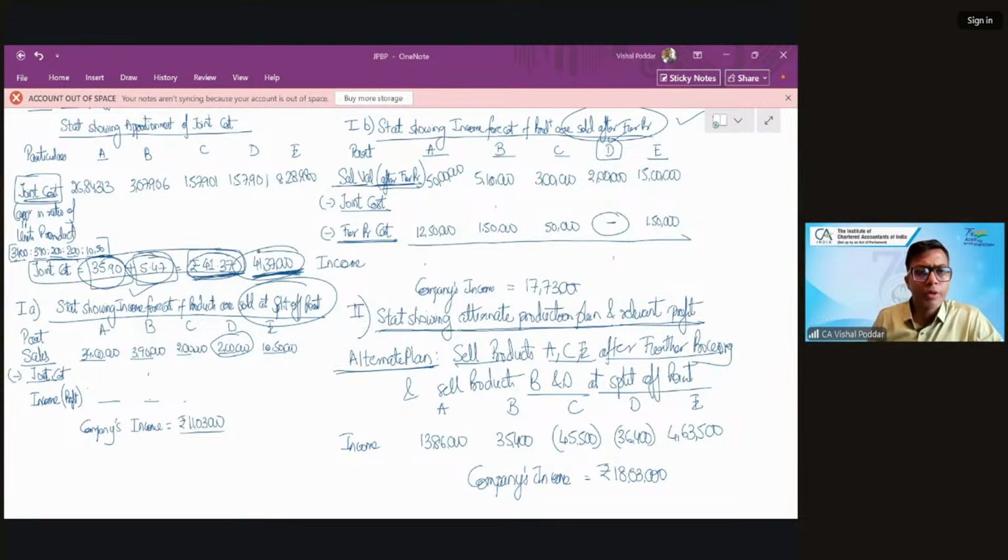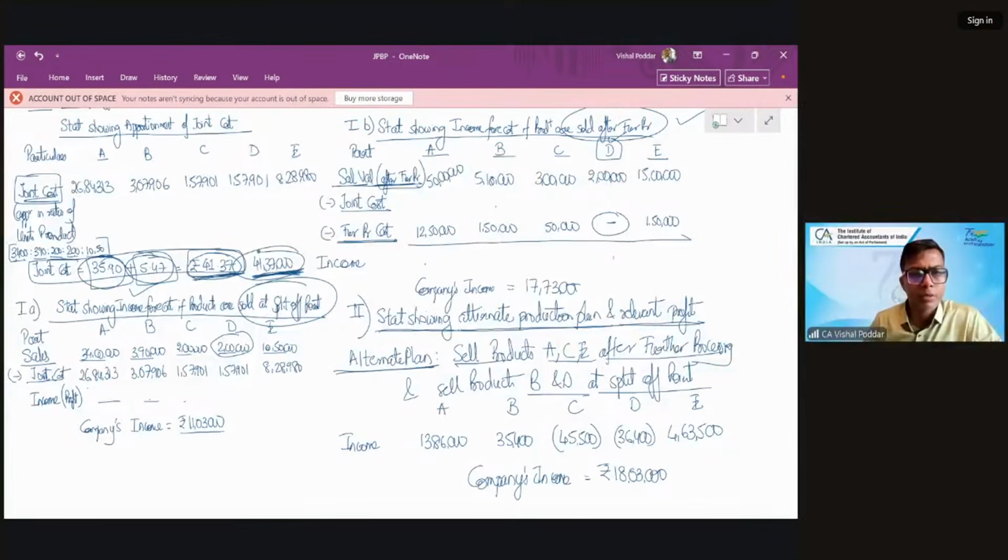So you have got these joint costs. Now again, you will find out profits by taking these joint costs here. So 2684,313, 307906, 157,901, 157,901, 828,980.